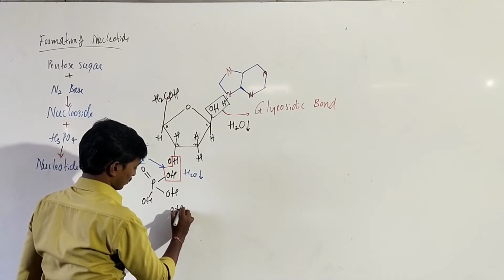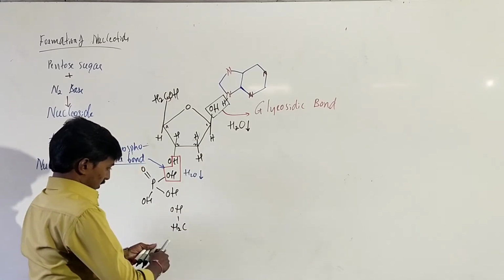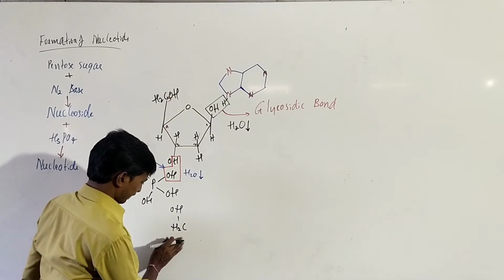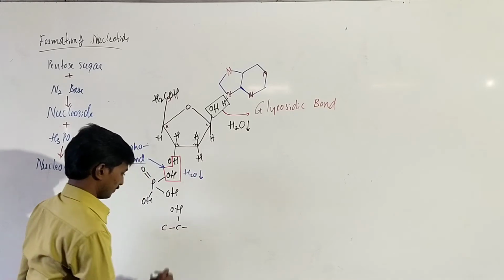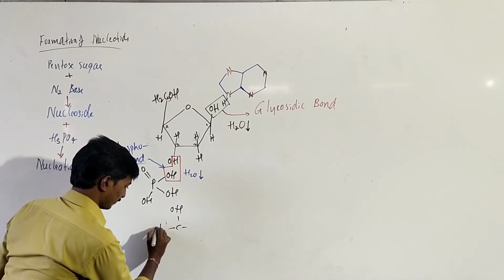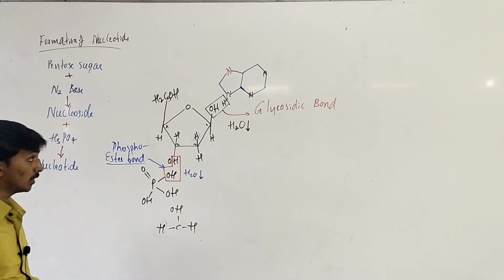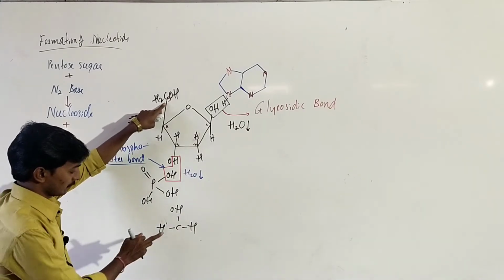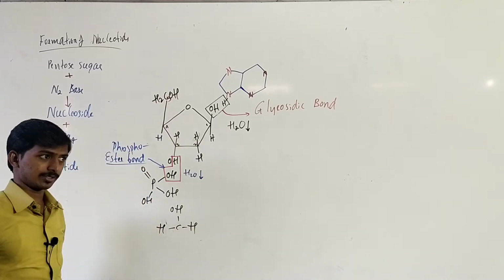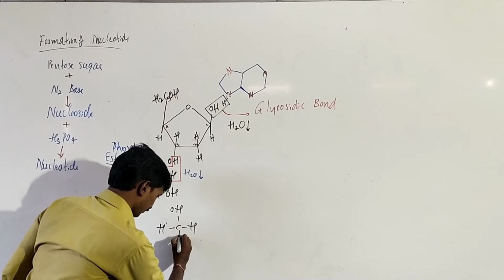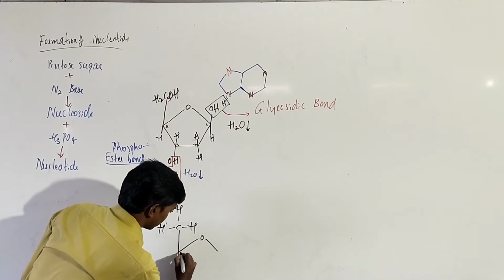CH2OH, H2C. So we can write like this. CH2OH is there. So now we can write the sugar as per the norm.